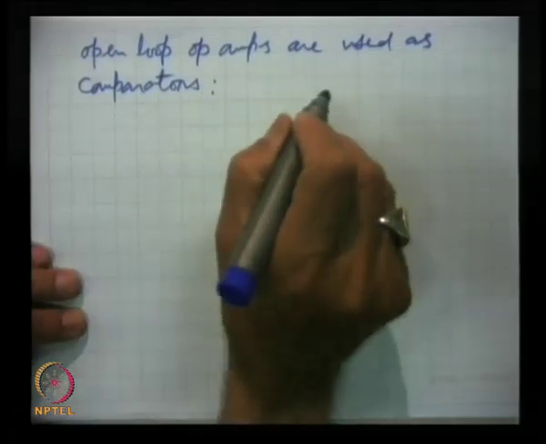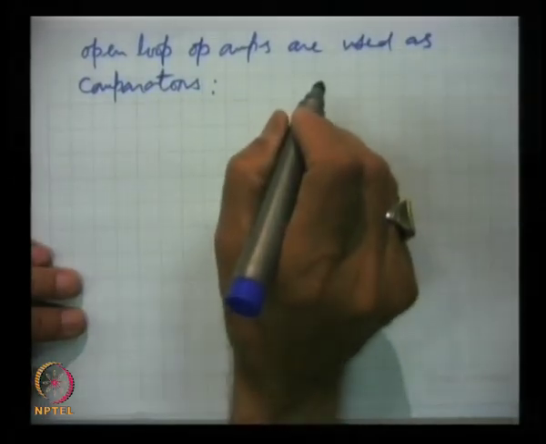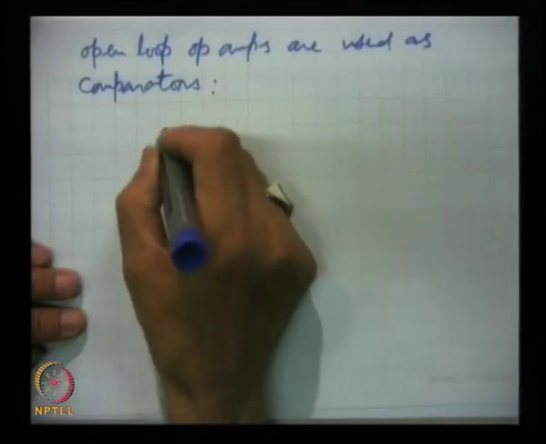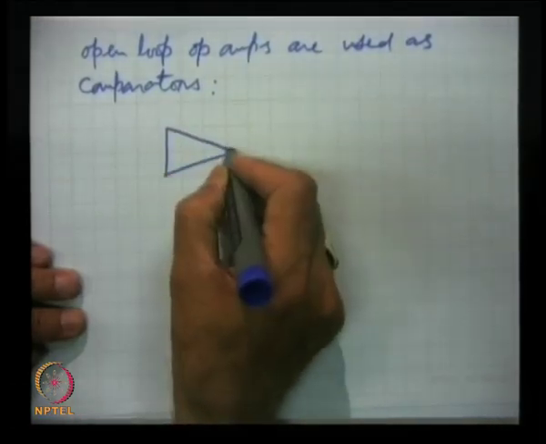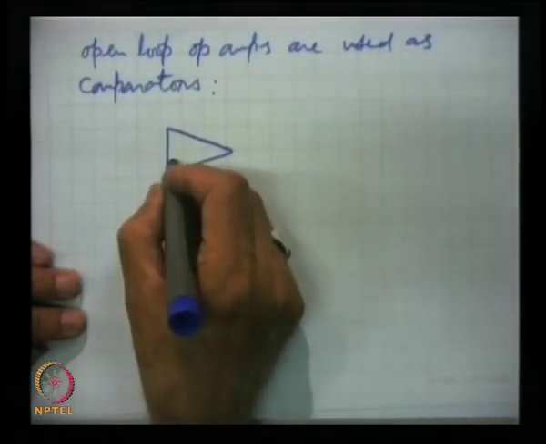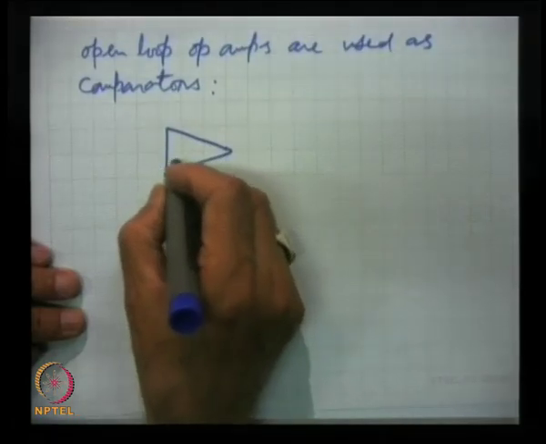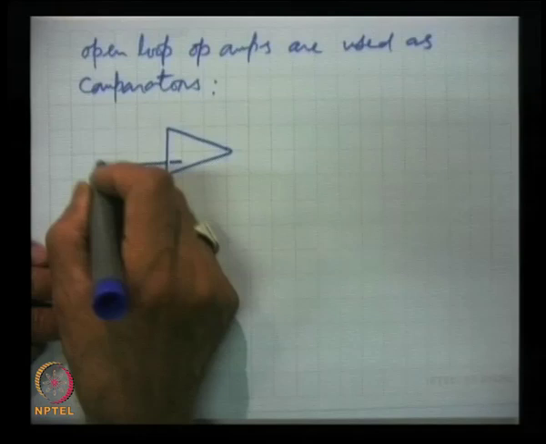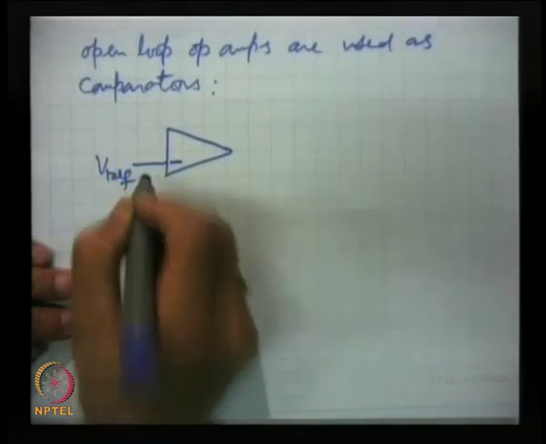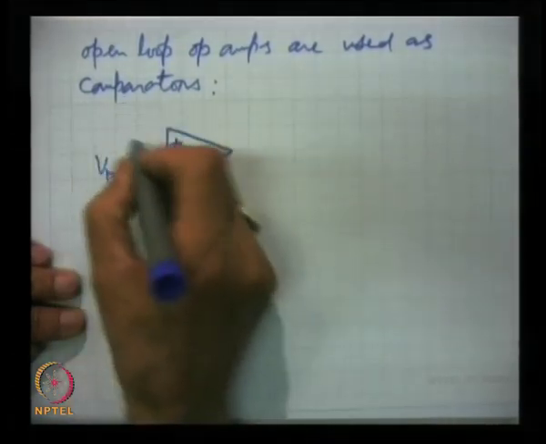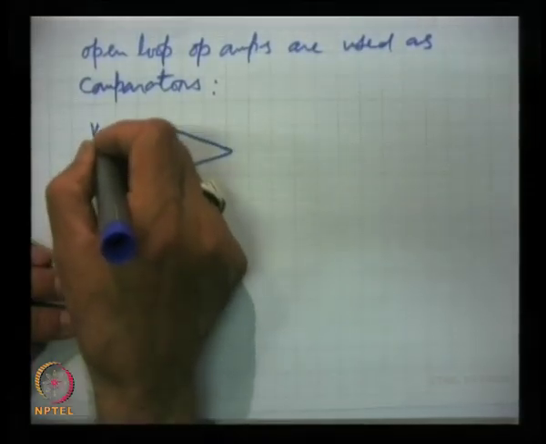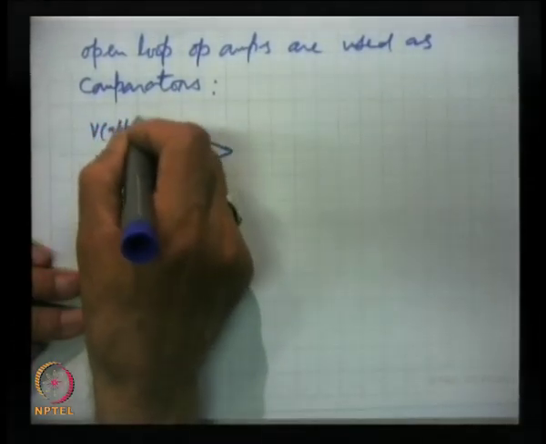A comparator is a circuit which compares two voltages. So here, for example, we give one as the reference voltage, and this is the applied voltage, V applied, to be compared.